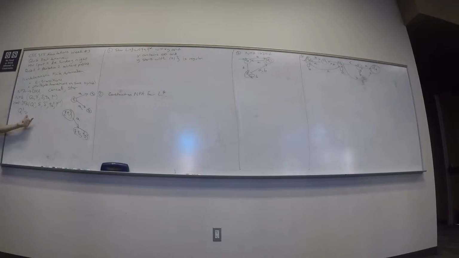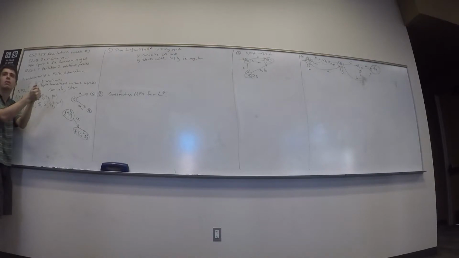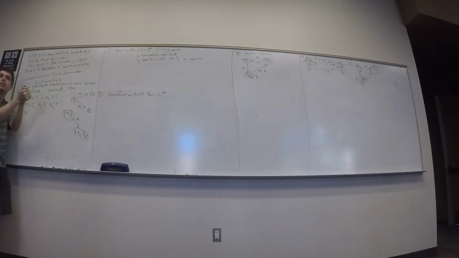So how do I model this in terms of the NFA here? Set of ordered pairs. It's not quite ordered pairs. Well, I may be in all of the states at the same time, or in none of the states at the same time. So what is the set of all subsets? Power set, right?